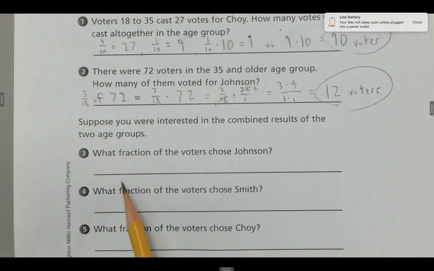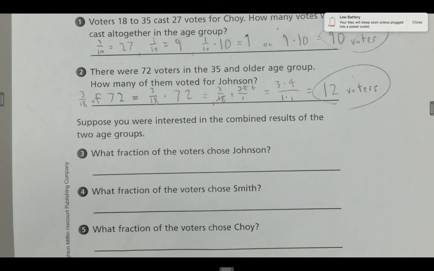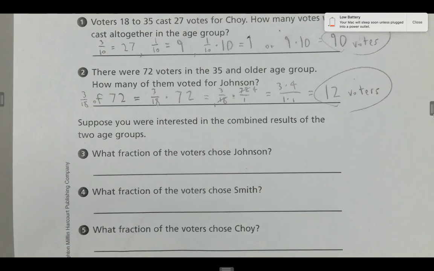The next set of questions asks us to suppose that we were interested in the combined results of the two age groups. Question 3, what fraction of the voters chose Johnson? Okay. Well, there's a few ways, again, that we can approach this and set it up and solve it.